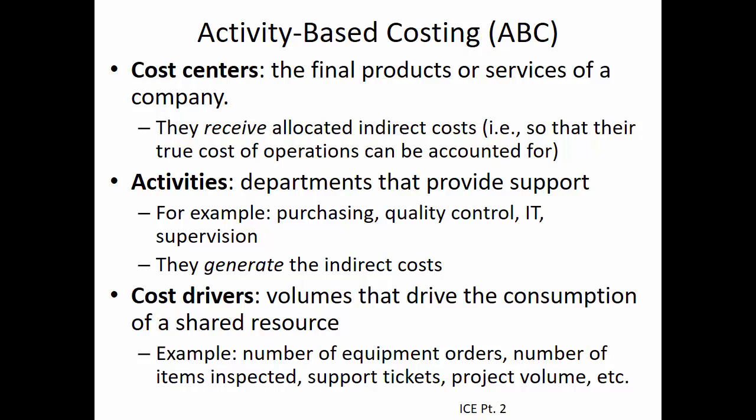And so there's some terminology here related to what is a cost center, what are the activities and the cost drivers. That's important to memorize those terms because it'll allow you to interpret a problem statement.